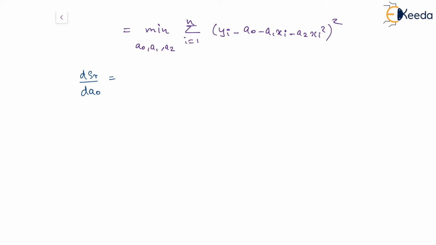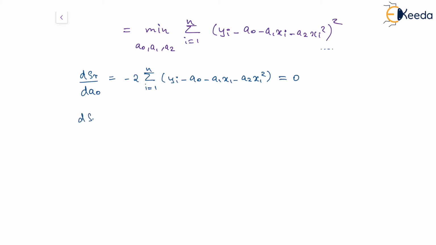If we differentiate the given function with respect to a0, we will get minus 2 times the summation from i equal to 1 to n of the function yi minus a0 minus a1 xi minus a2 xi square equal to 0.